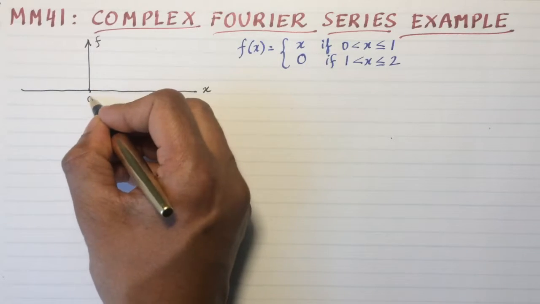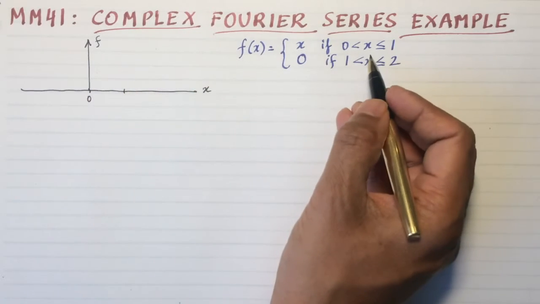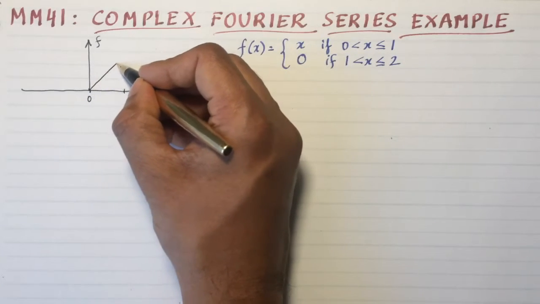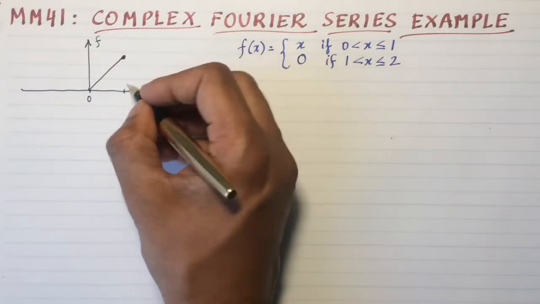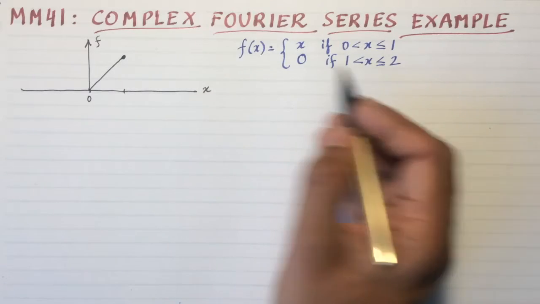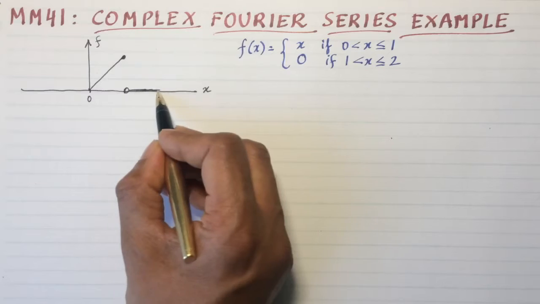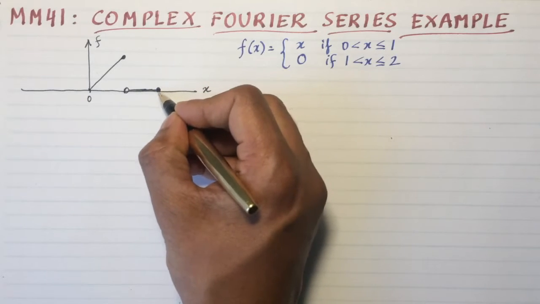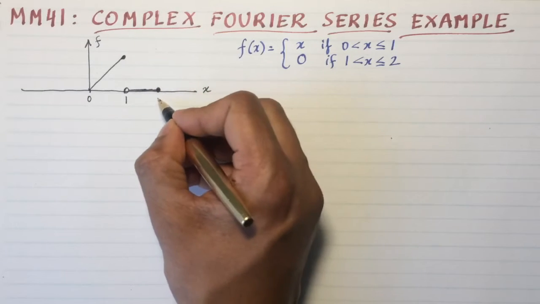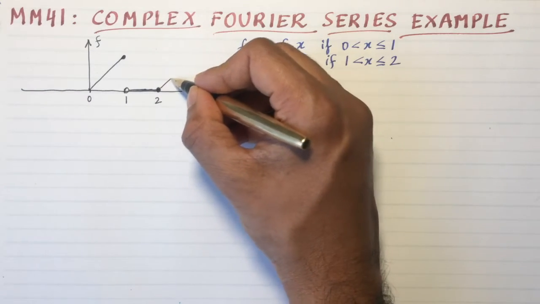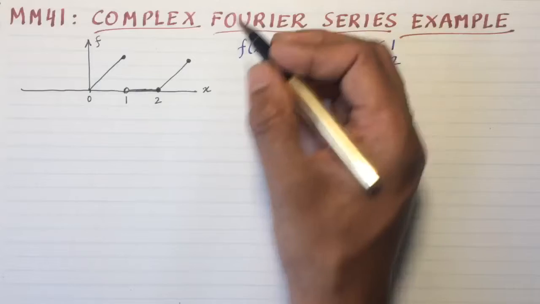So between 0 and 1, including 1, I'll have x. So I'm going to include 1. And then from 1 to 2, excluding 1, I'm going to have 0. And then it's periodic, so it keeps repeating like that.